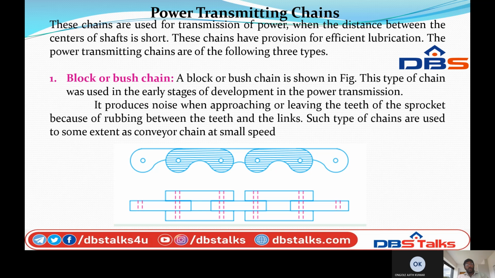The first one is the block or bush chain, as shown in the figure. This type of chain was used in the early stages to develop the power transmission system. It produces noise when approaching or leaving the teeth of the sprocket because of the rubbing between the teeth and the links.